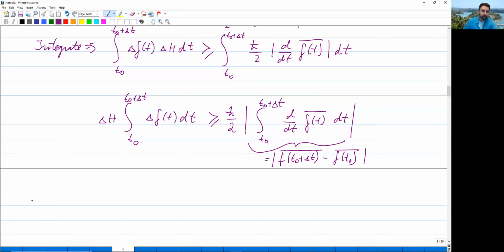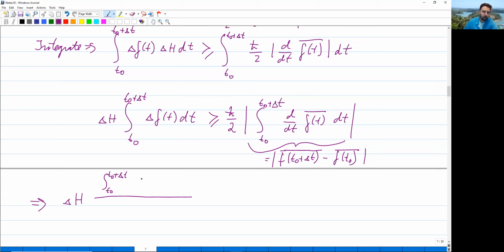We now obtain from this, if we divide the entire equation by that, something that almost looks like an uncertainty principle of the usual kind. We have delta H times this times the integral from t naught to t naught plus delta t.